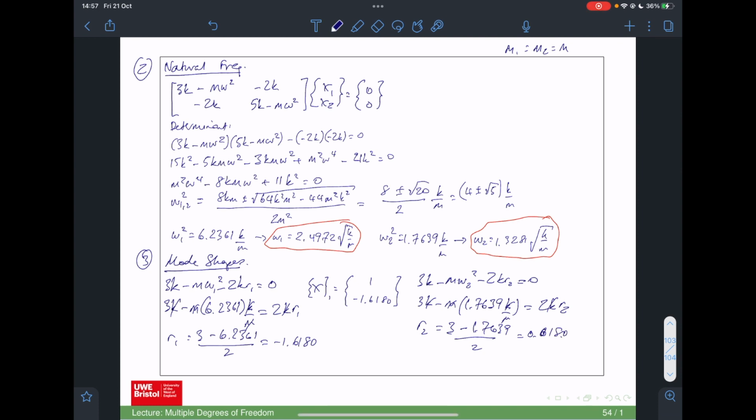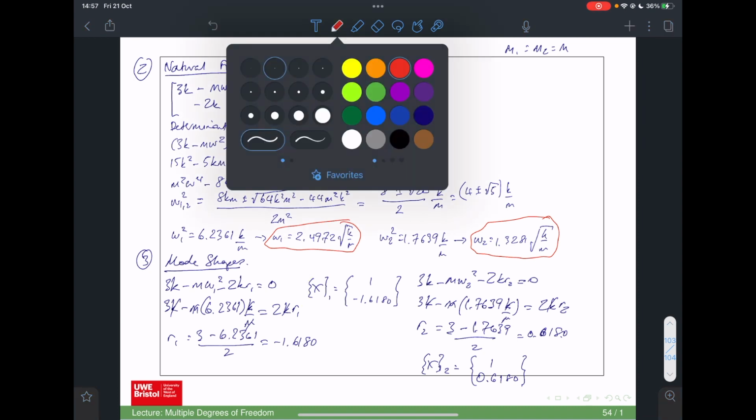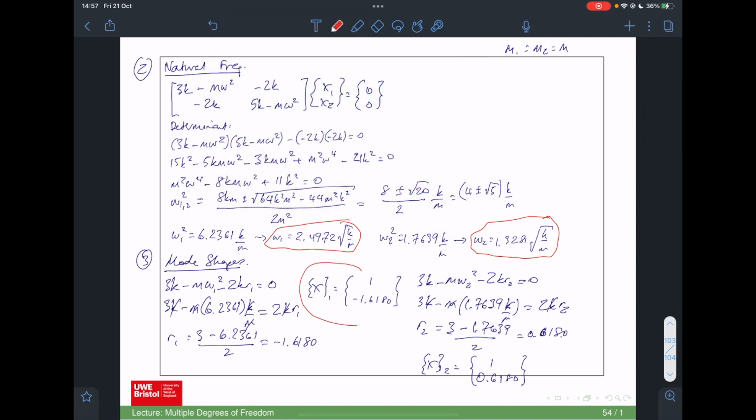So x2 is 1, 0.6180. Okay, so those are the two mode shapes. That's the problem.